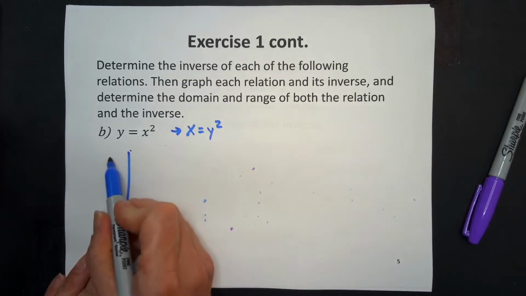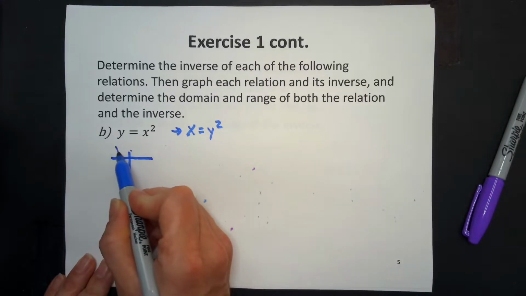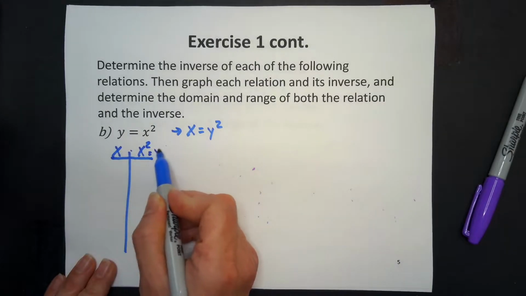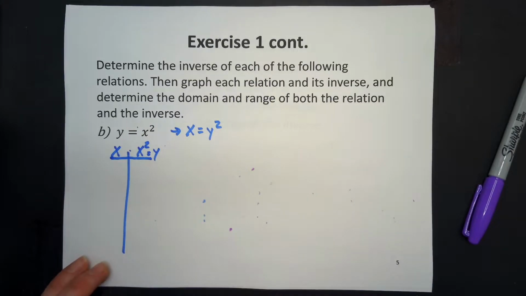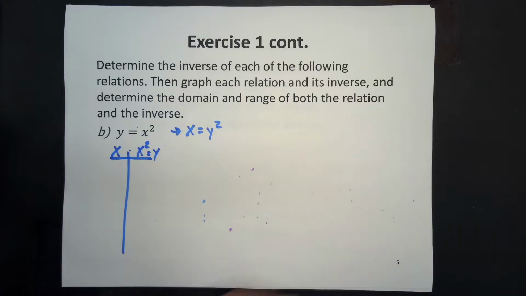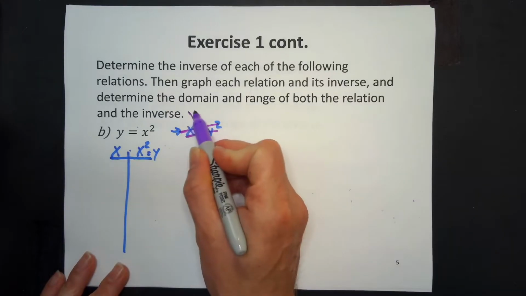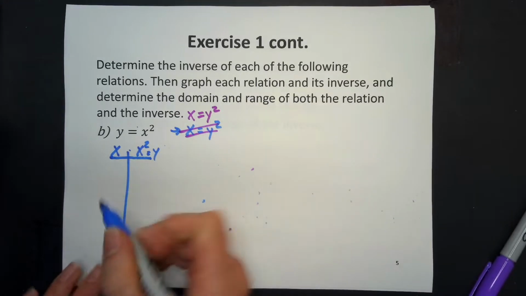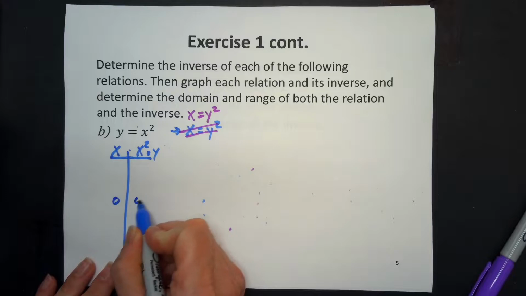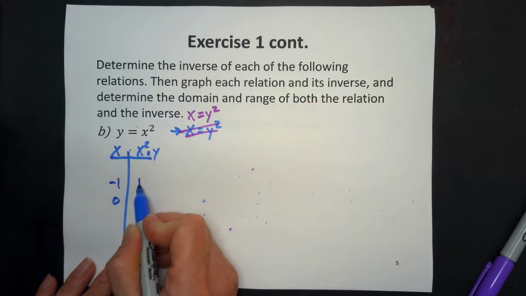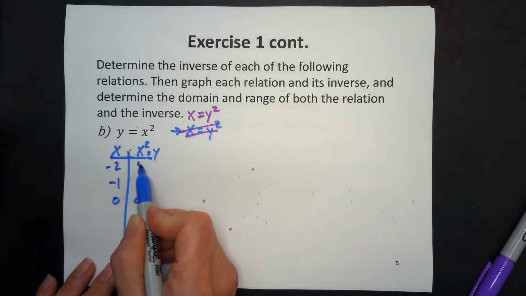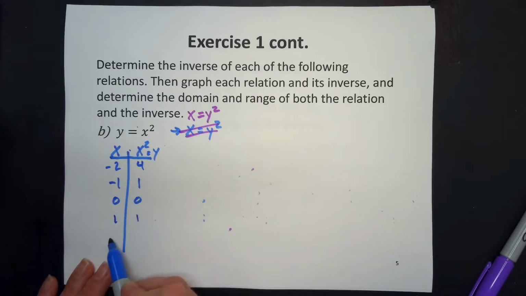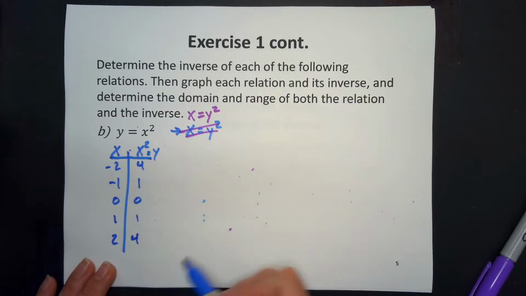But that's really hard to graph, so the easiest thing to do is you have your x column, your x squared column, or basically your y column for this right here. Let me do this in a different color. And so you would just normally graph this like a parabola. So you have 0, 0 squared is 0, -1, 1, -2, 4, 1, 1, and 2, 4. So those would be all your points.